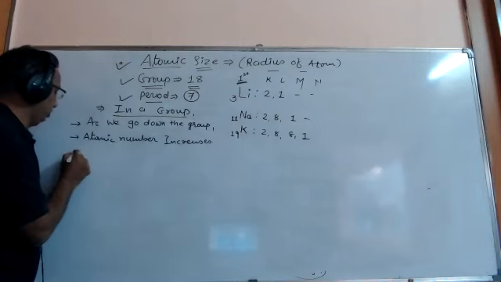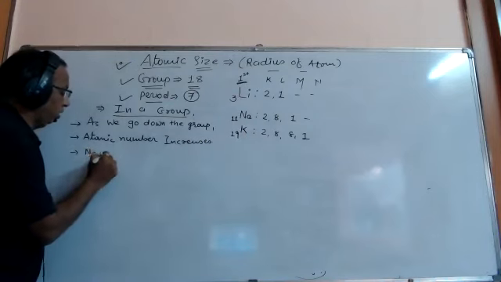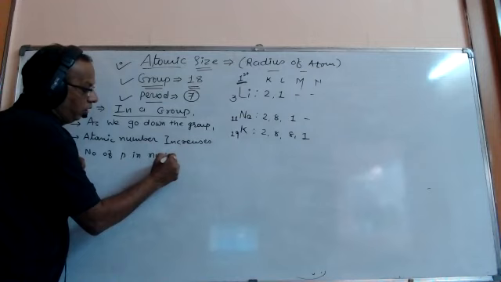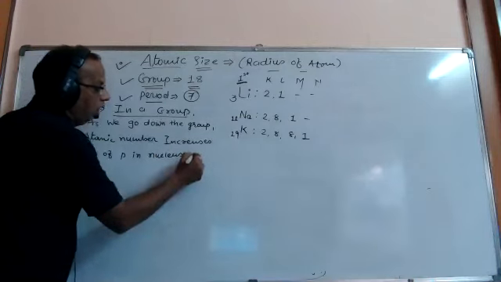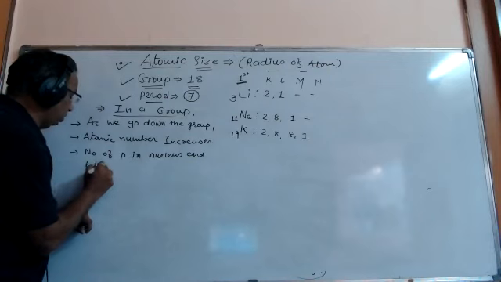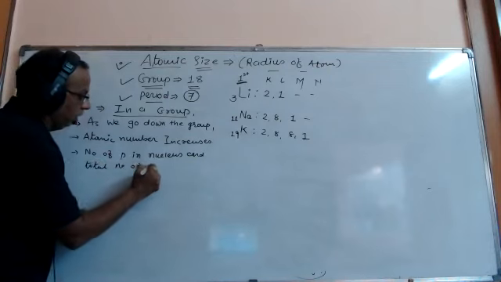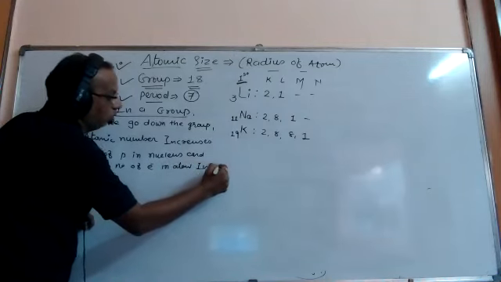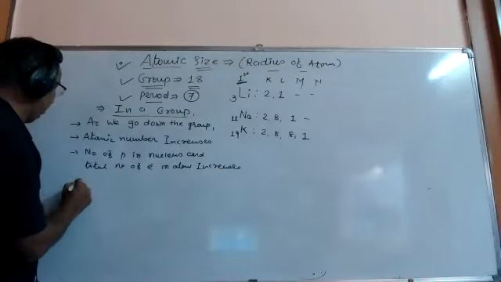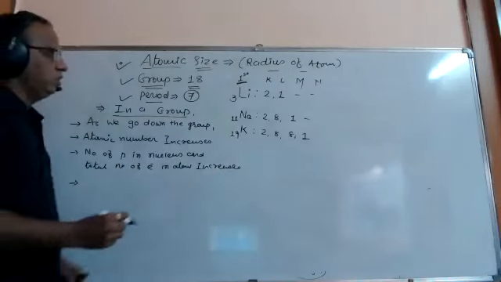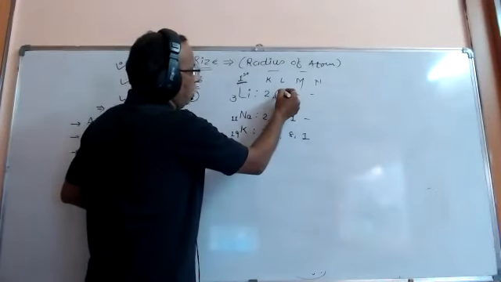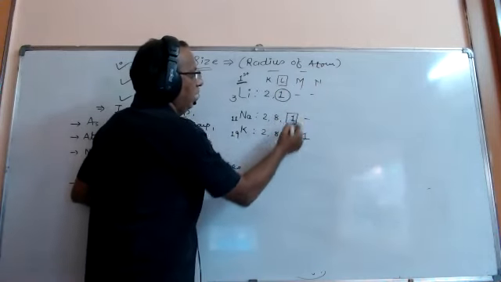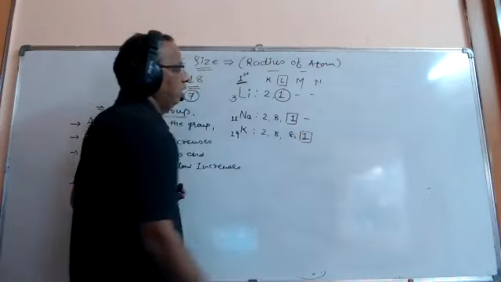Atomic number increases, so the number of protons in the nucleus and the total number of electrons in the atom also increase. We can see this is the last electron in the L shell, here it is in the M shell, and this is in the N shell.